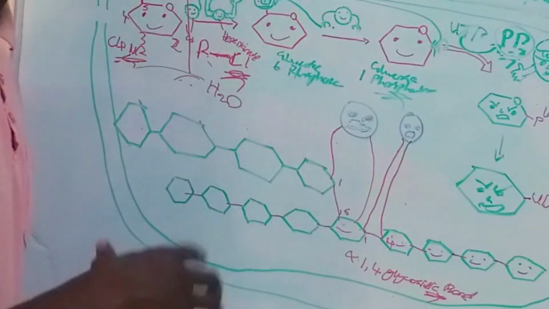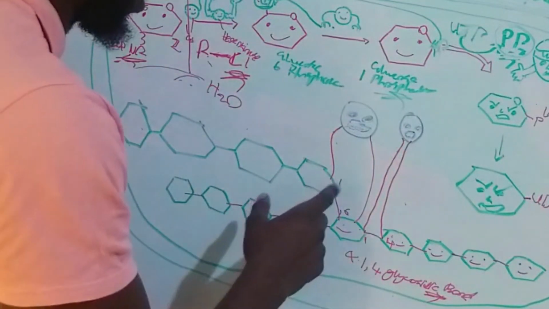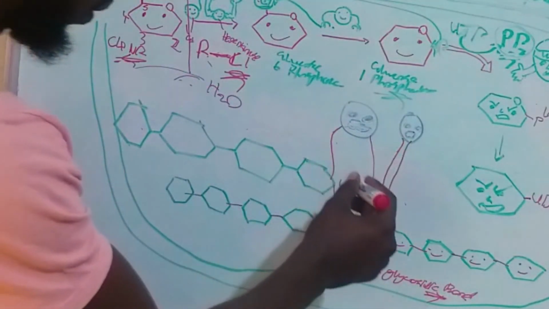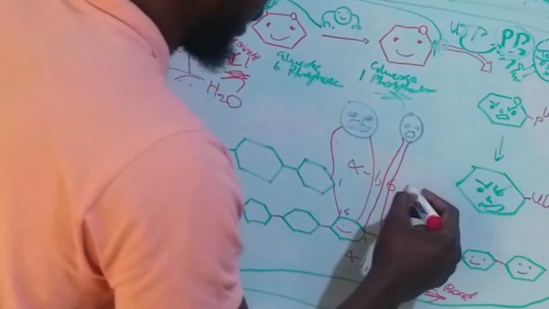And then I said again, glycogen, it is an alpha glycosidic bond that's been formed. So the fact that it's between 1 and 6, the naming will be an alpha 1 6 glycosidic bond.